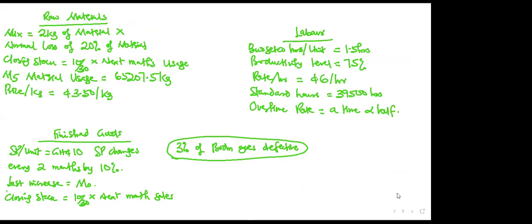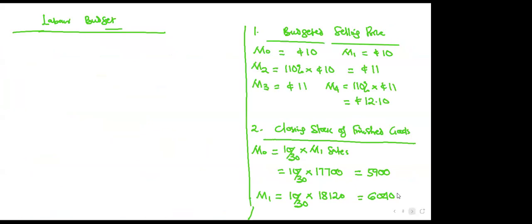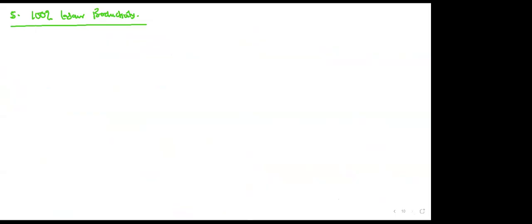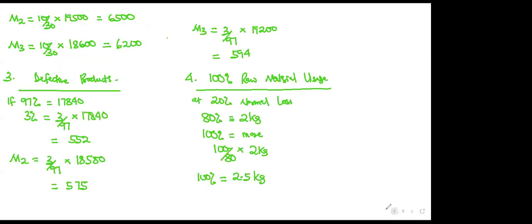So that 1.5 is equivalent to 75%. Therefore, 100% will be equivalent to more, so let's divide: 100 over 75 times 1.5 hours. That gives us 2 hours.